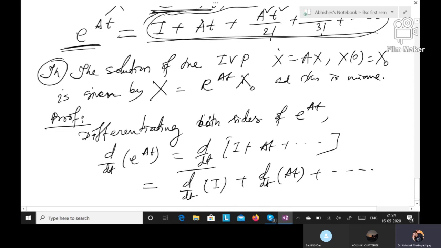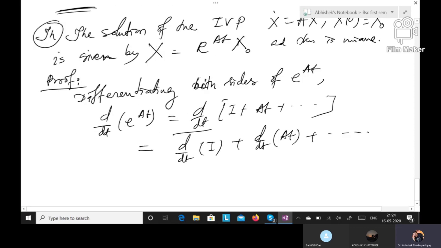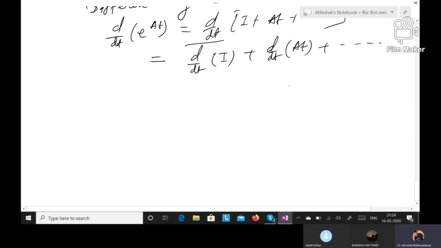The series for this one is convergent for all t with respect to the norm, which can be defined as norm A is sup of x transpose A x by norm x square for all x not equal to 0, and norm x is x transpose x.